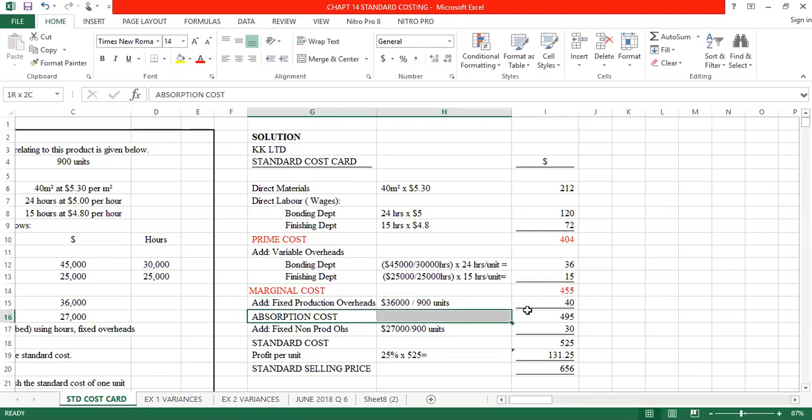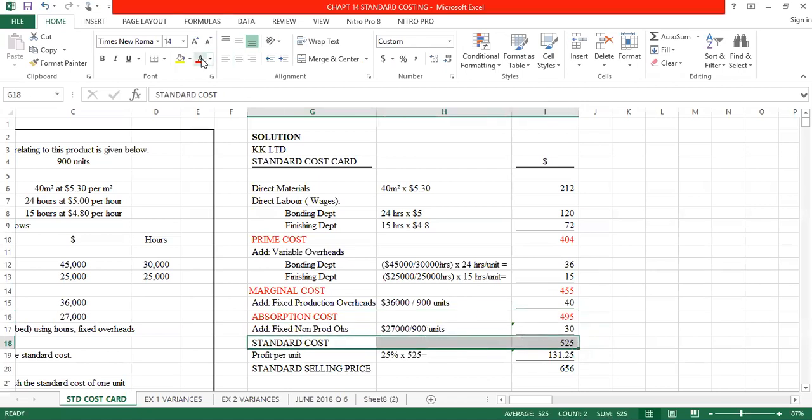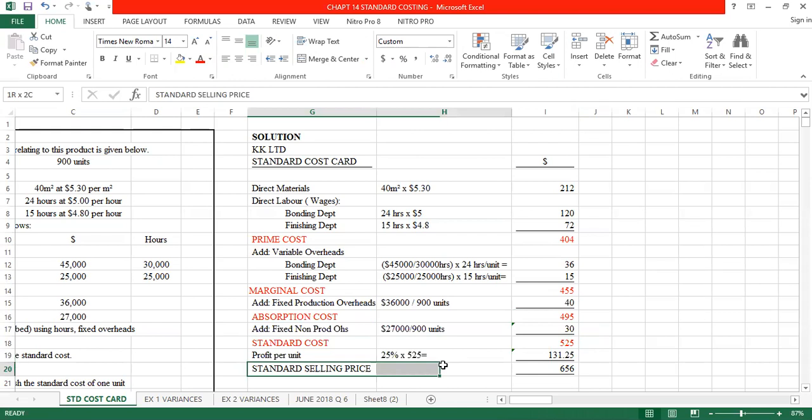That is absorption cost. That is standard cost, and this is standard selling price.